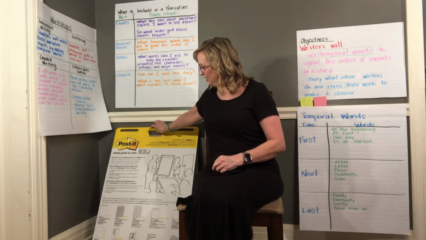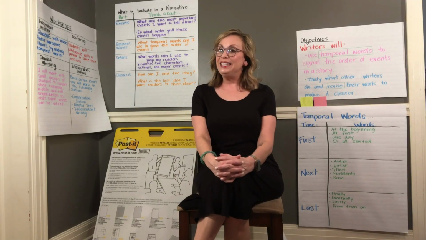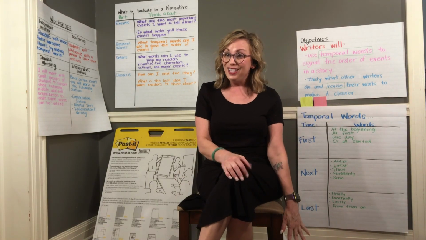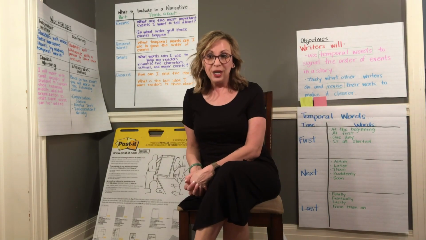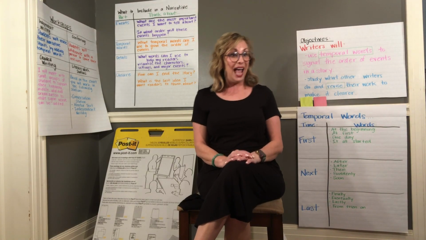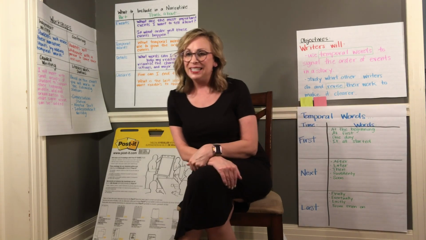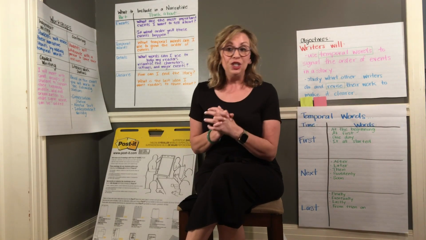All right, ladies and gentlemen, now it is your turn. Just as we identified some words from Little Red Riding Hood and I added to my story, you are going to reread your narrative from yesterday and see where you need to add some, what are they called? Temporal words. That's right. So let me tell you what we're getting ready to do.